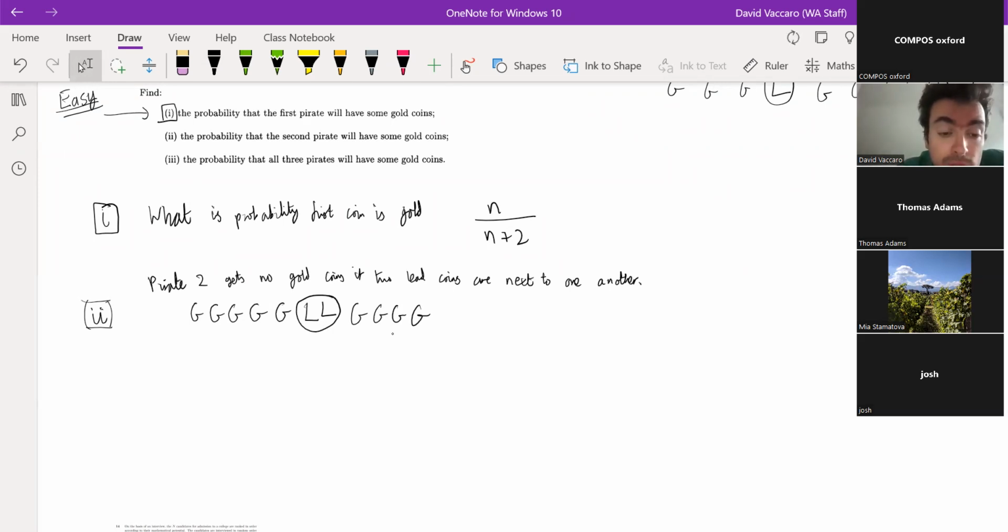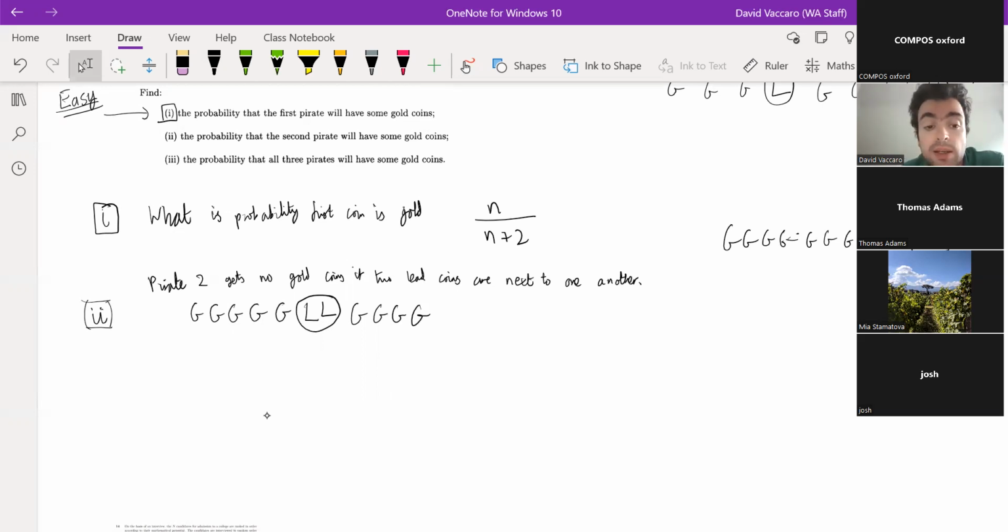Any suggestions of how to do the probability the other way around? Oh, sorry, what if the first pirate gets all the gold coins? Well, if the first pirate gets all the gold coins, then it's still the case that the 2 lead coins would be together.